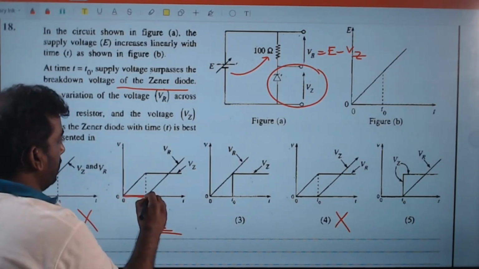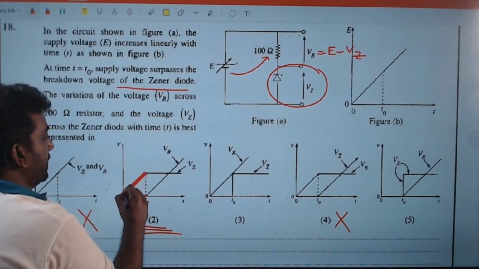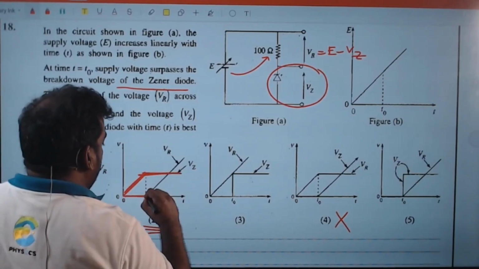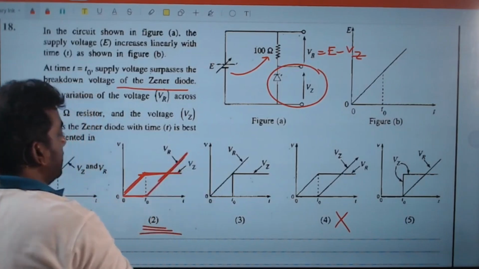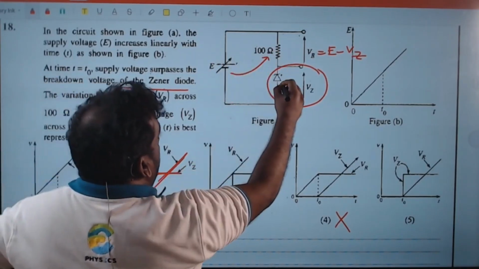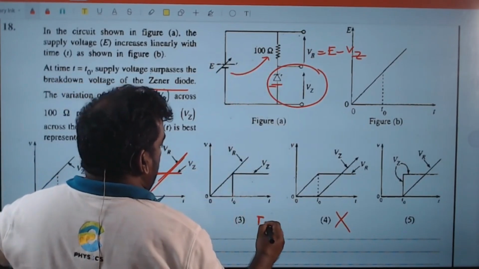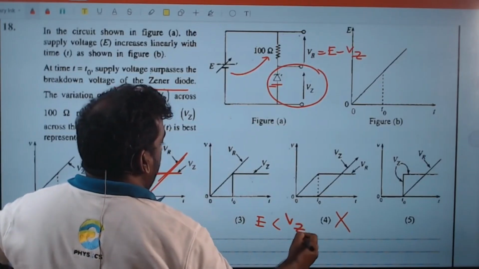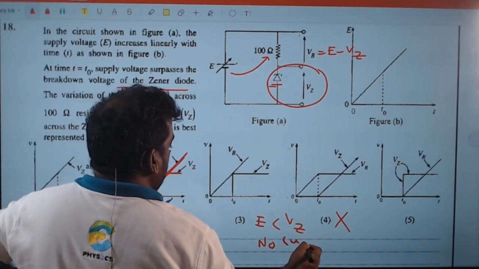Initially voltage 0, across the Zener voltage it increases, then Zener constant, from 0 it will keep on increasing the difference. Right. Initially E less than breakdown voltage, no current.